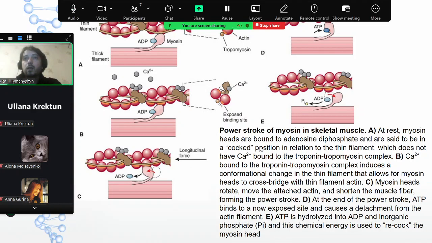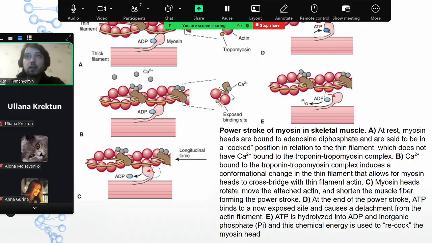When calcium binds to the troponin tropomyosin complex, it induces a conformational change in the thin filament, and that allows myosin heads to cross bridge with thin filament actin. So here is that calcium release.